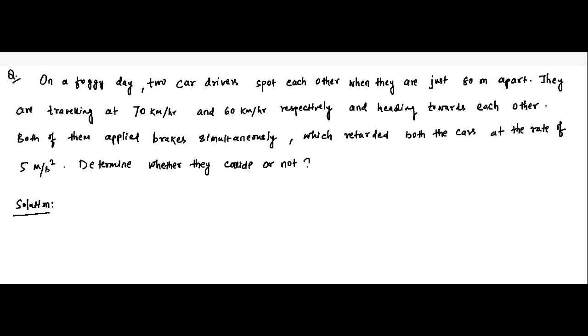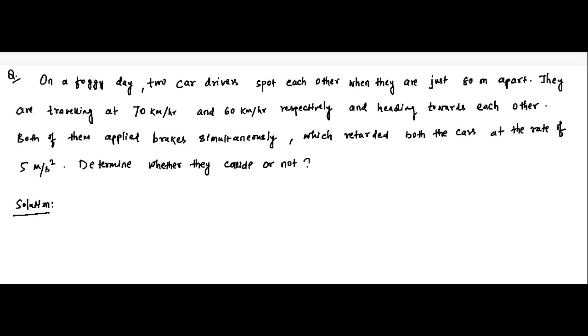So here is another question. It is given that on a foggy day, two car drivers spot each other when they are just 80 meters apart. The gap between them is 80 meters. They are traveling at 70 kilometers per hour and 60 kilometers per hour respectively, heading straight towards each other.